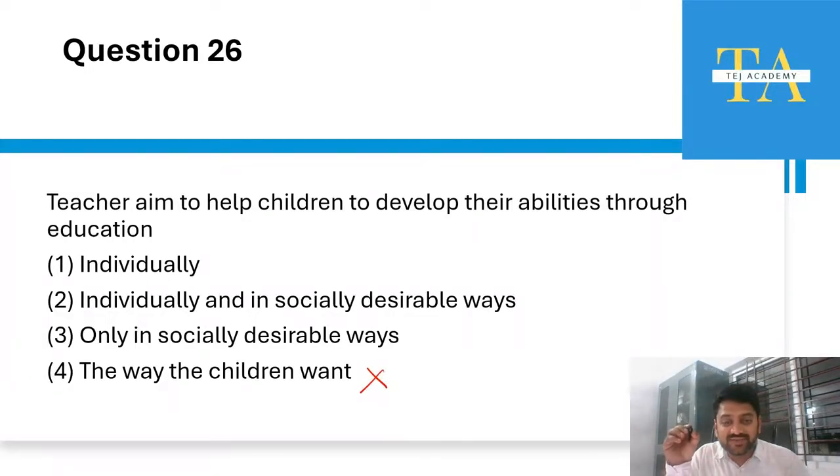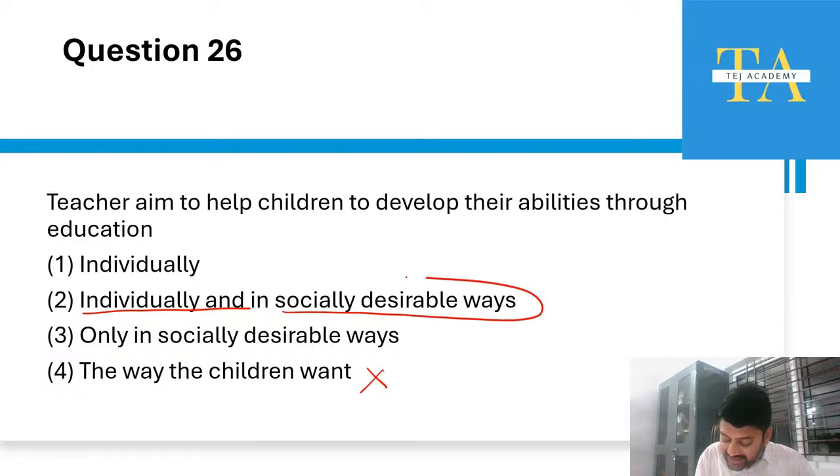Teacher aims to help children to develop their abilities through education individually and also in socially desirable ways, not as per the children's wish. He is going to consider the views of the children, accept and analyze the views and expectations of the children.